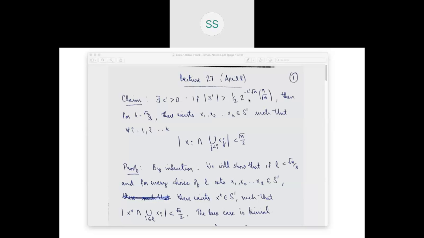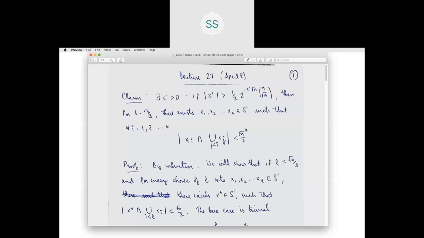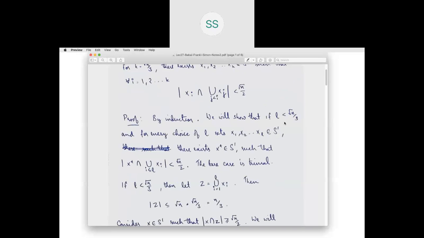So the proof is not that difficult. It's just using induction. Suppose x1 to xl are in S prime, and suppose l is strictly less than square root n by 3.